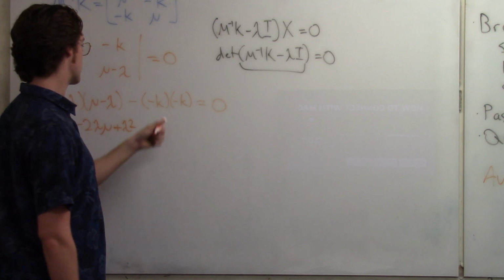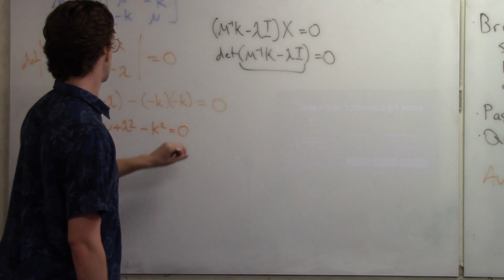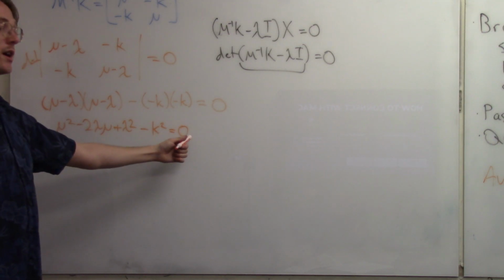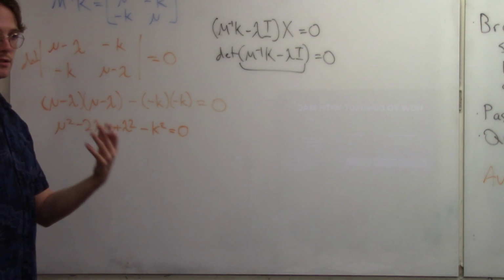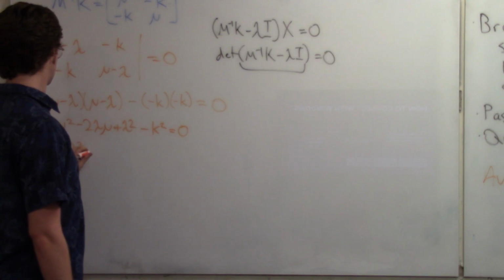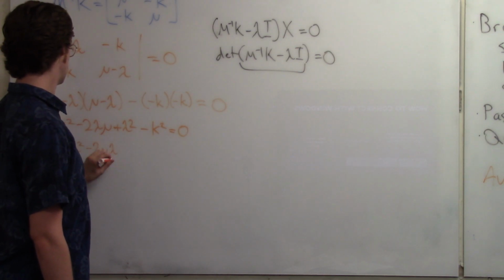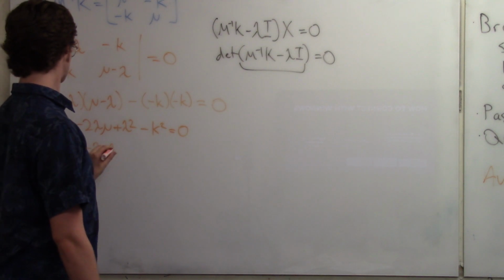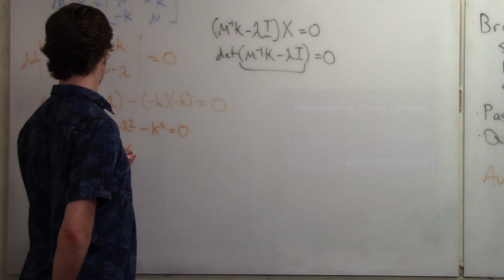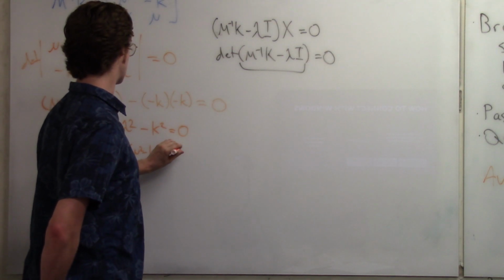Negative k times k is k squared, so you've got minus k squared equals 0. All right, you've got this expression. Now we want to rewrite it in standard quadratic form, which is going to be lambda squared minus 2 mu lambda plus mu squared minus k squared equals 0.